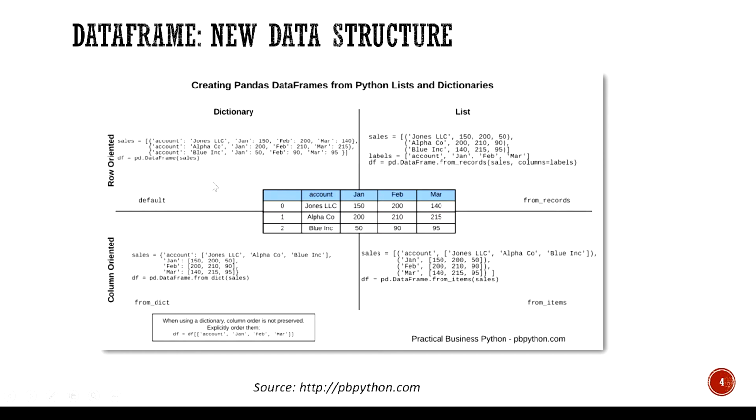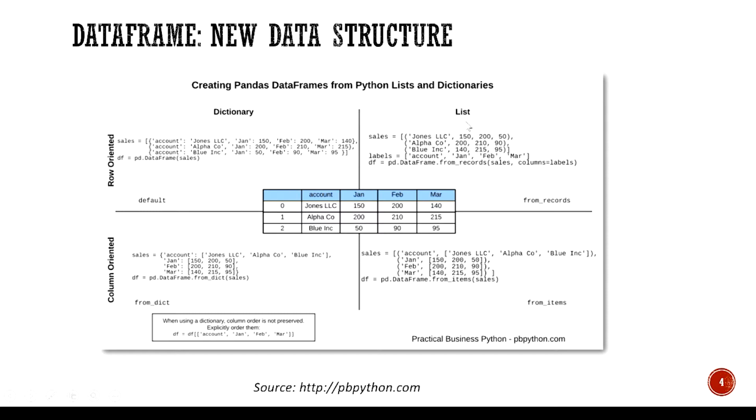To create Pandas DataFrames from a list and a dictionary, we need to import the Pandas library, and then the method is named DataFrame. If you have this example, a list with several dictionaries, then pandas.DataFrame, as you can see on the left side, you pass sales to this function and you create your DataFrame, which looks like this table.